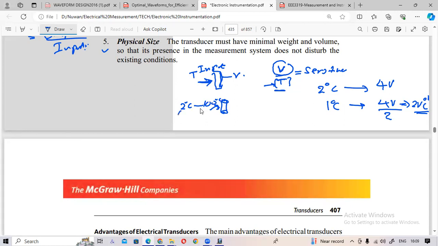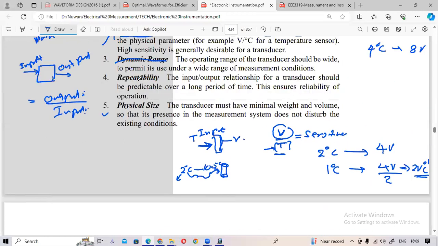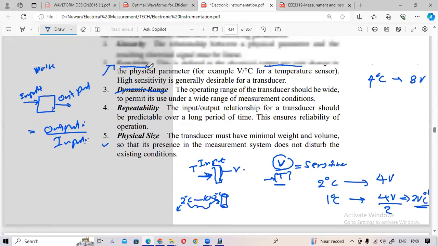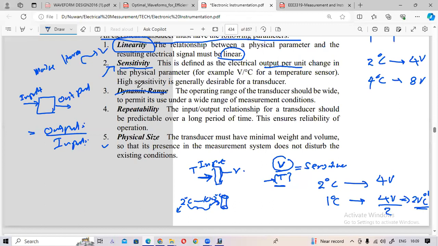If it is below 2 Celsius, maybe no current is generated from this thermocouple. Once it increases above 100 Celsius, maybe this thermocouple will be burnt. So for any instrument we have an input range, and that input range is normally referred to as dynamic range. So that one is also very important.